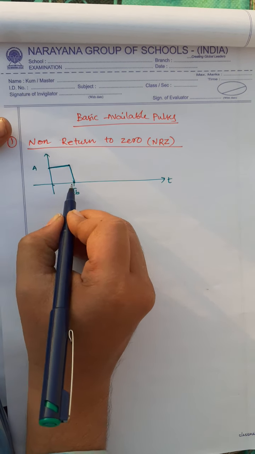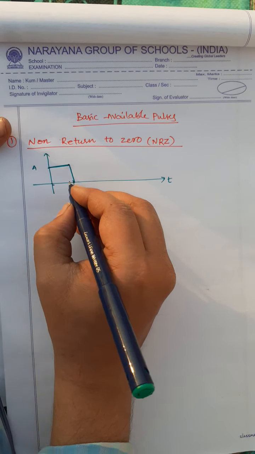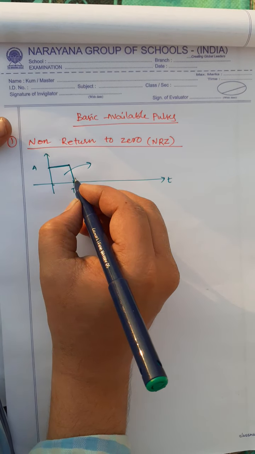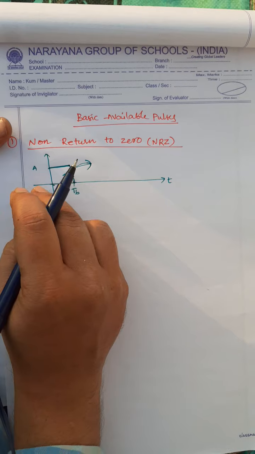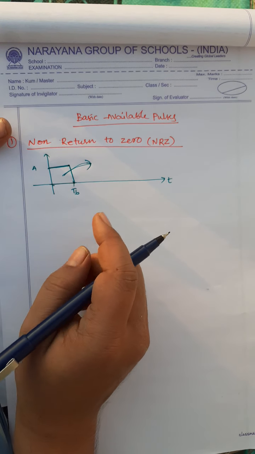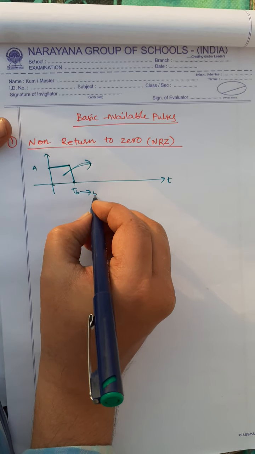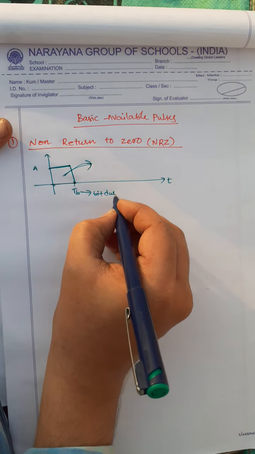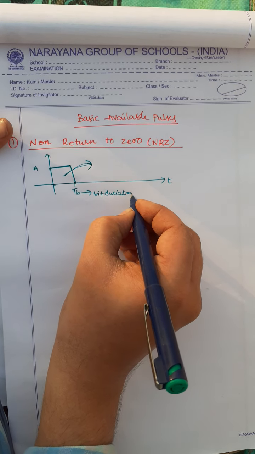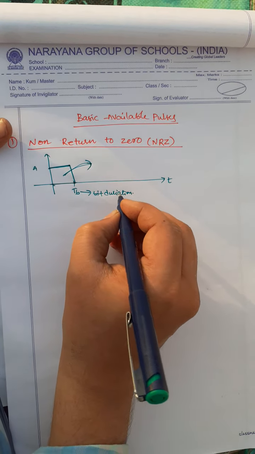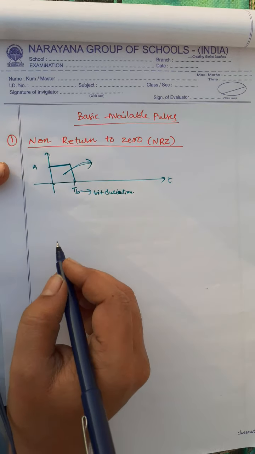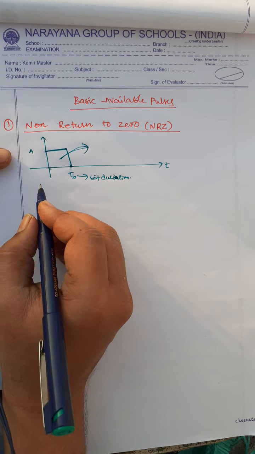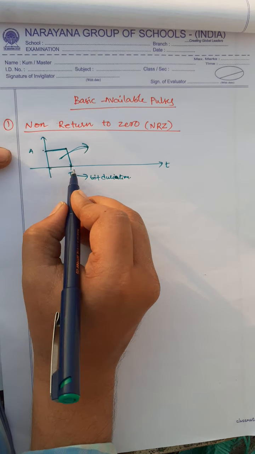The pulse occupies the entire TB duration. TB is the bit duration. This is non-return to zero, with a voltage level over a TB duration.